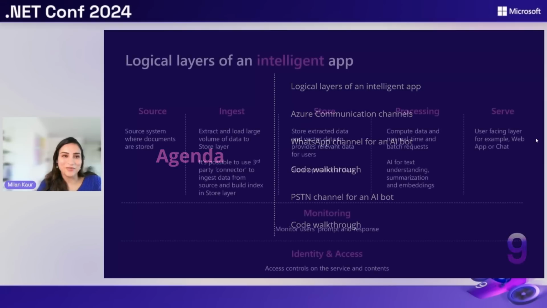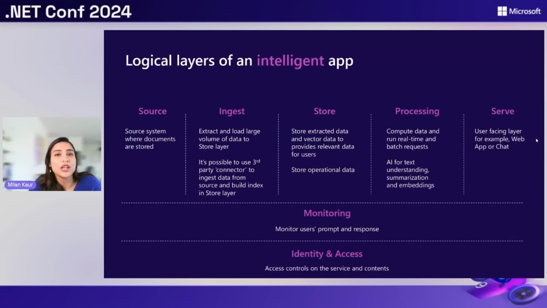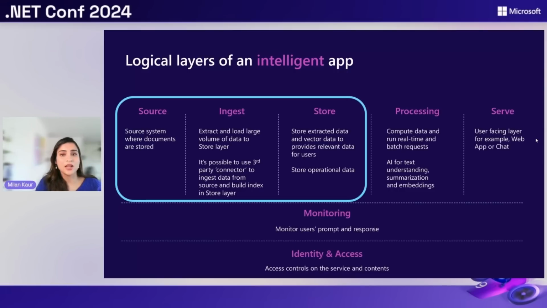So let's dive in. Since we're talking about intelligent applications, let's take a look at what does it take to build an intelligent app? Like, what are the logical layers of an intelligent application? Well, there are five: source, ingest, store, processing, and serve. So the first three layers highlighted here, they are related to the knowledge base.